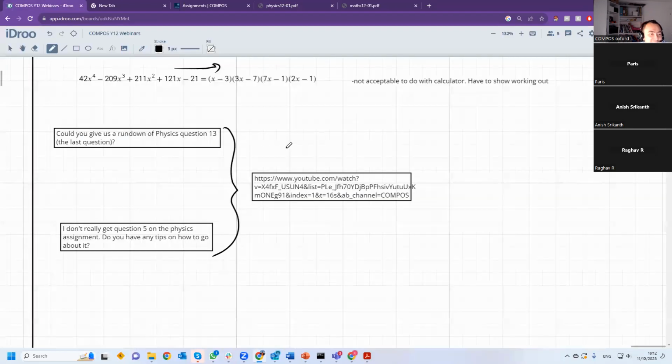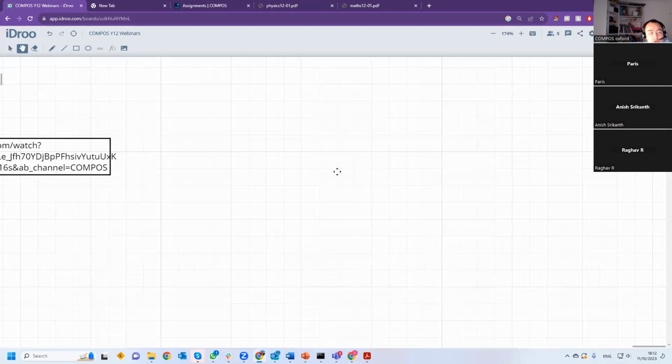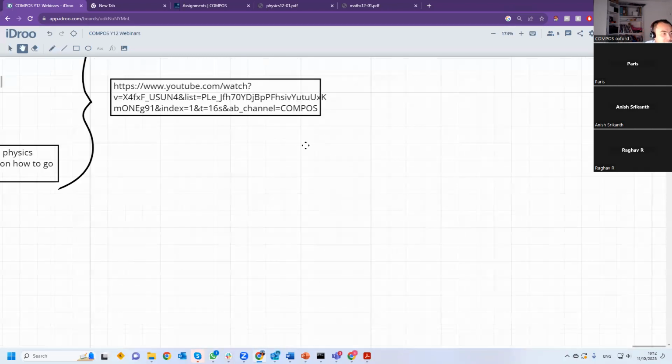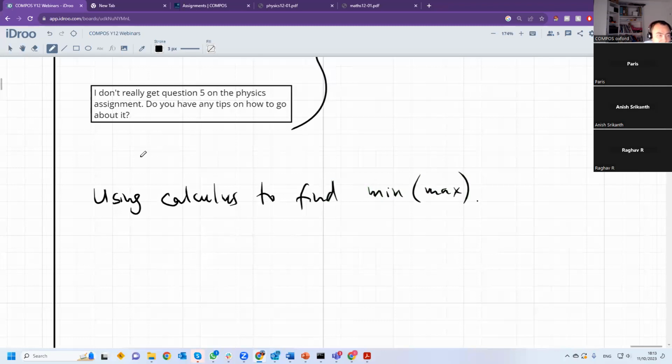Look, any minimization or maximization problem, for example, using calculus to find a minimum or maximum.